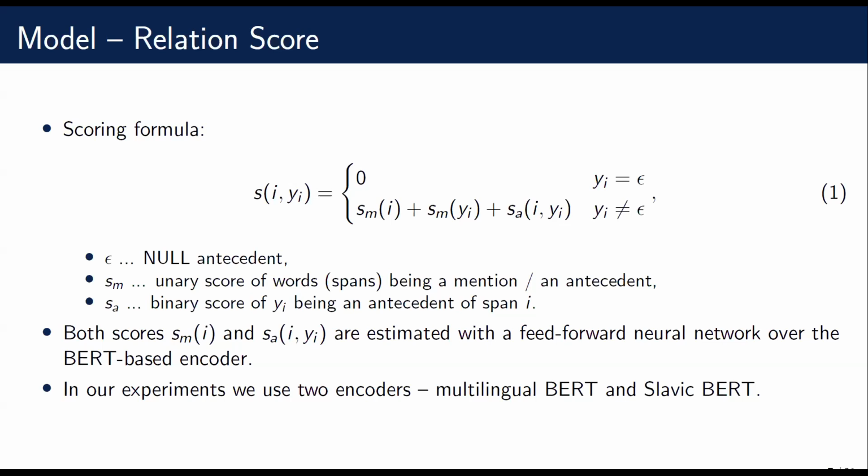And then we have one binary score that models the relation between a mention and an antecedent. Because we want to allow the model to also say there is no such relation, that this is a mention that doesn't have an antecedent. So we have a null antecedent and it's set to 0. So if the model produces negative scores, then the highest value is 0, and the model says, okay, there is no coreference relation related to this mention.